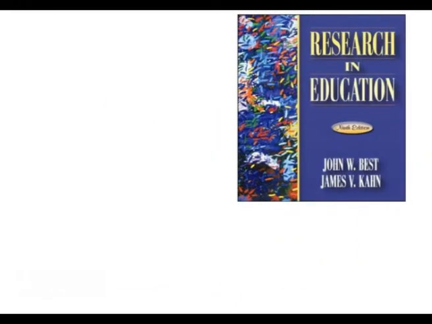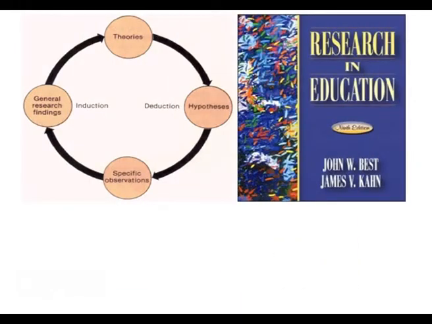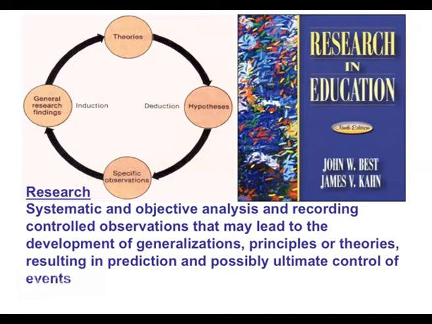John W. Best endorses the above purpose and method of research in his definition. He defines research as the systematic and objective analysis and recording of controlled observations that may lead to the development of generalizations, principles or theories, resulting in prediction and possibly ultimate control of events.